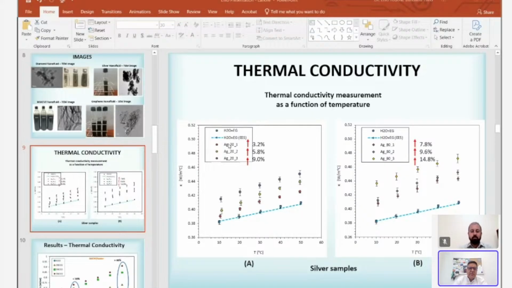Here are some very interesting results. I call this figure of merit. What does it mean? This is the heat transfer coefficient obtained by the nanofluid relative to the base fluid. So up in this quadrant, higher than 1, the heat transfer of the nanofluid is better than expected.